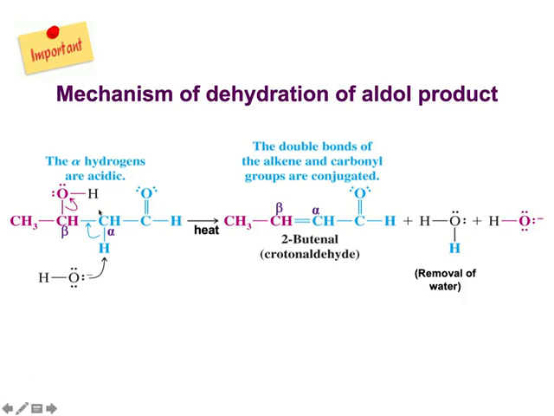After this proton is detached from the carbon, electrons move between the alpha carbon and beta carbon to form a pi bond, C double bond C. It cannot be a C double bond C with the carbonyl carbon; it must be between the alpha and beta carbon.